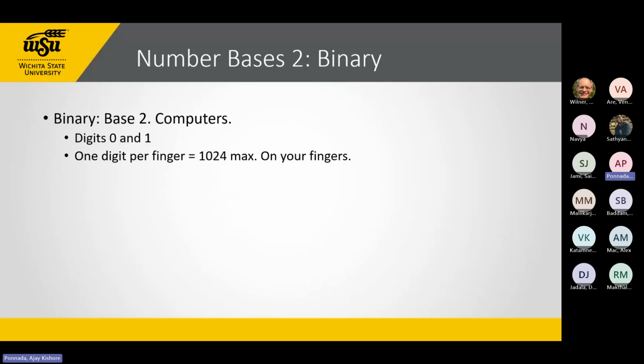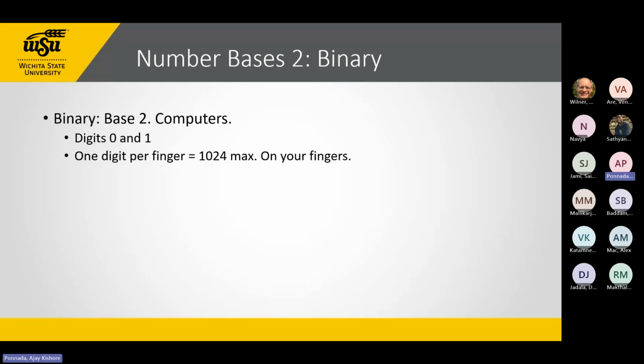Computers need to keep things in binary, like 0 and 1 digits, one digit per finger. 1023 max on your fingers. This is 1, 2, 4, 8, 16, 32, 64, 128, 256, and 512.